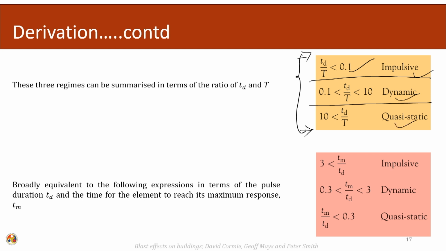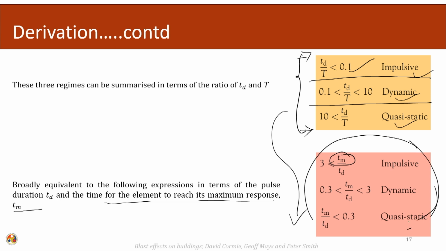Again, we can calculate the time Tm, which is the time required for the element to reach its maximum response. Here also we can have a generic classification. Again, all these numbers are not set in stone, they are just an indicator of the response that is happening.